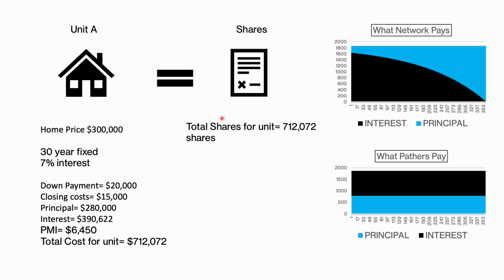So basically, what it boils down to is this is the purchase price, but as far as the network is concerned, this is how much we actually wind up paying for it. And since we know we're going to pay this off over time, it doesn't matter where the customer falls on the amortization table. So really, these colors are broken down into two distinct parts, but as far as the network's concerned, this is all one color because we have to pay this in order to own the unit.